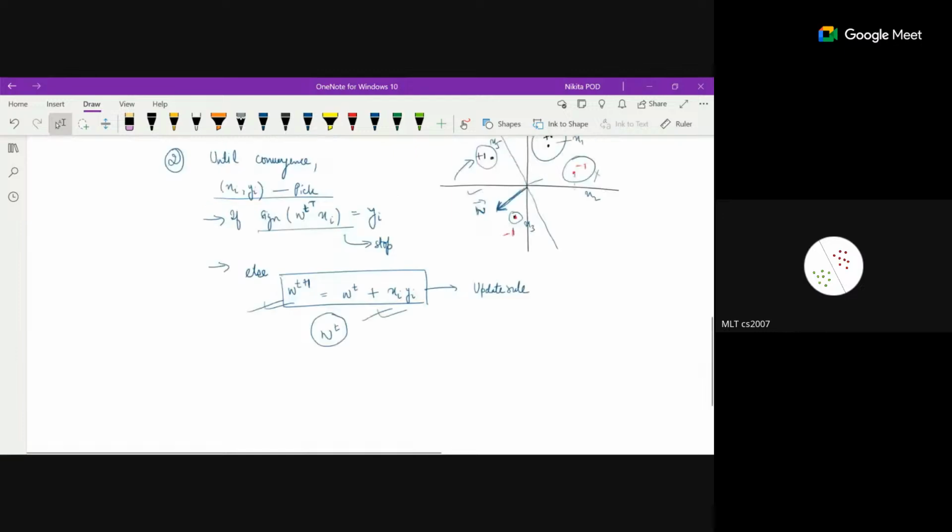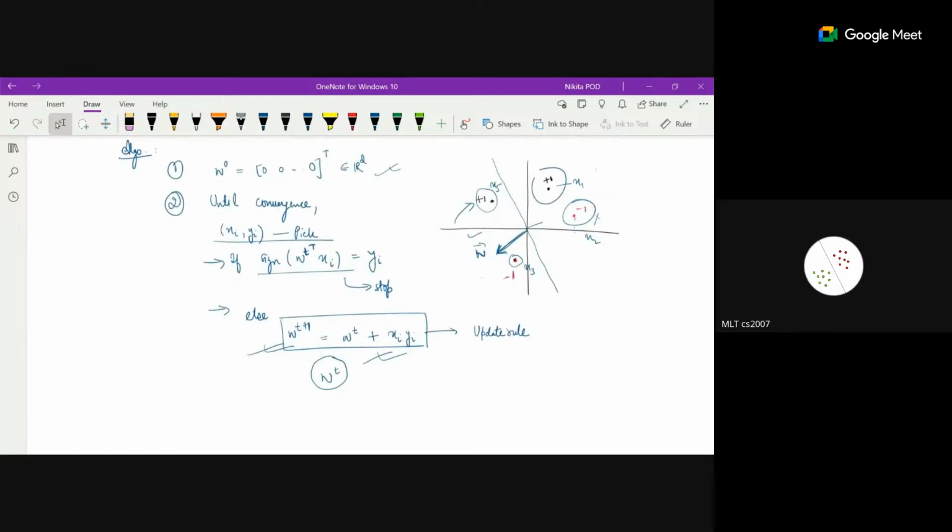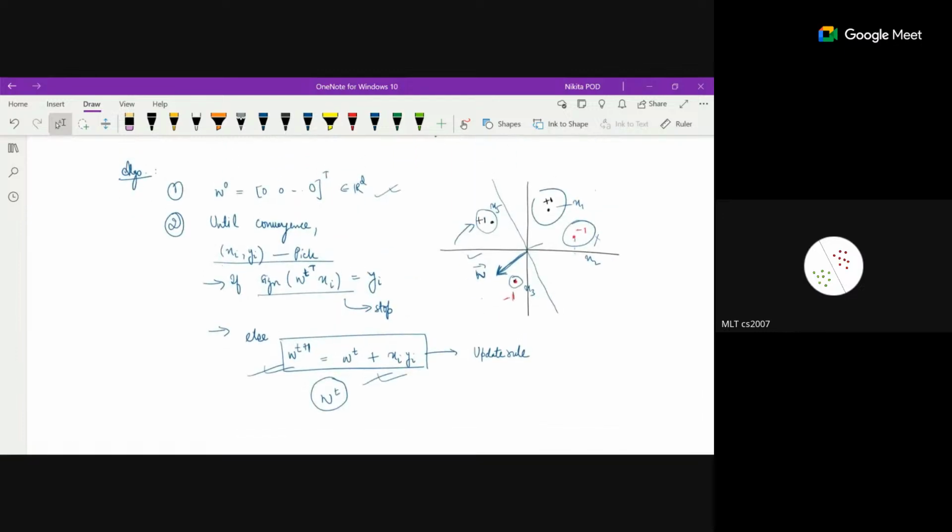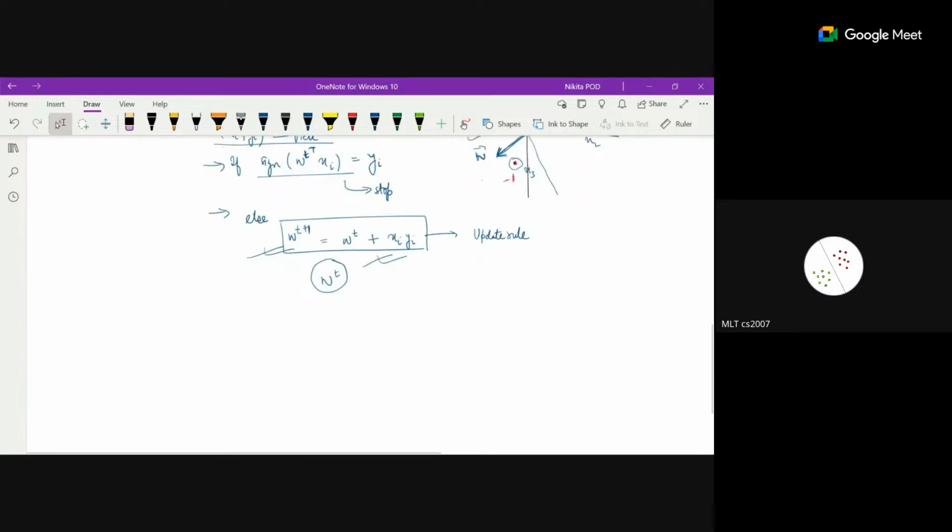Okay. This was just an example I was giving for this algorithm. Let's see. Suppose I have a point over here, which is (1, 0). I can have a point over here, maybe (1, 1).